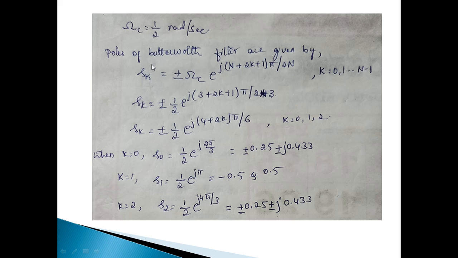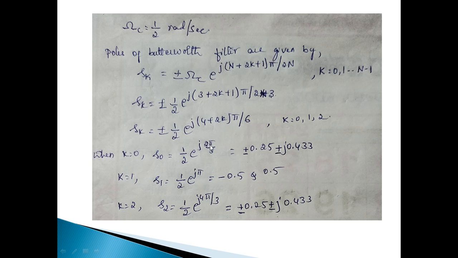Because the order of our filter here is 3, there must be 3 poles present here. In order to find the 3 poles, the k value varies from 0 to n minus 1, that is 3 minus 1, which gives 2. So take k value as 0: s0 is equal to omega c, which is 1 by 2, e power j (3 plus 1) into pi divided by 6.